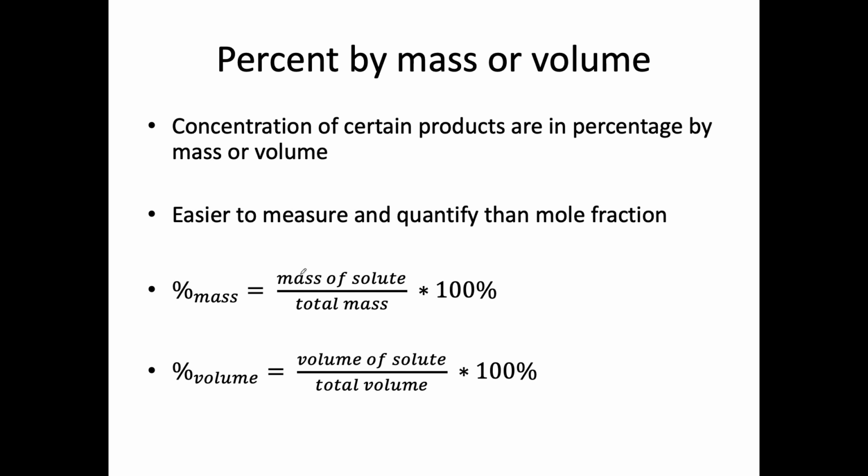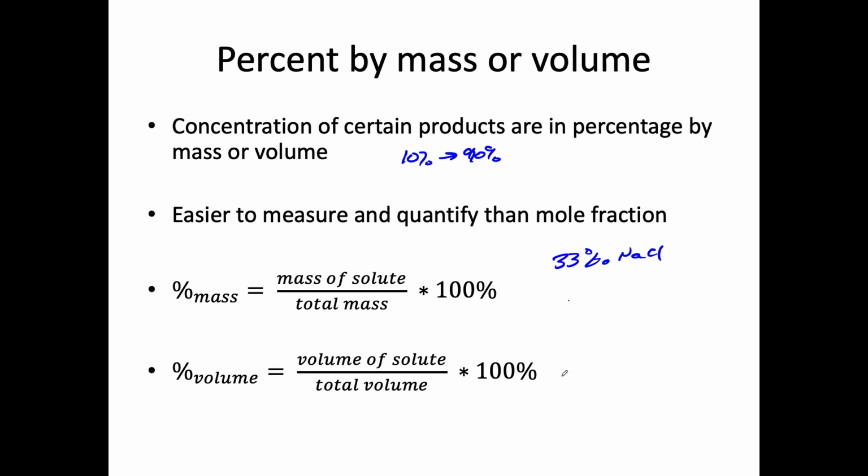Next is percent by mass or volume. We're talking about usually a percentage anywhere from 10 to 90%. And it's easy to quantify compared to mole fraction because we're looking at total mass or total volume. For example, salt water being 33% sodium chloride, which is high, but you get the idea. We're talking about a mass percentage.